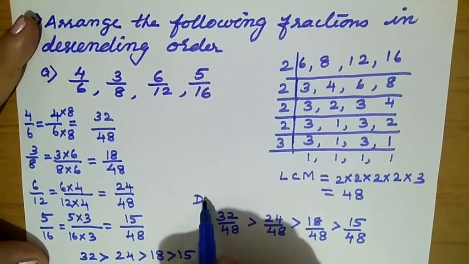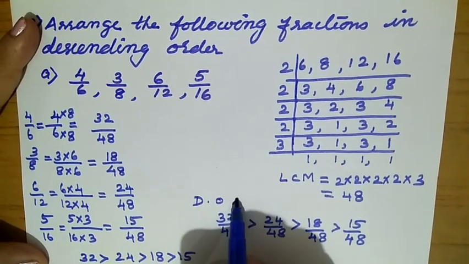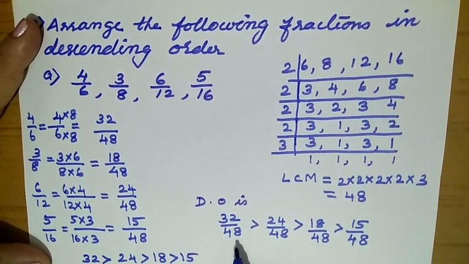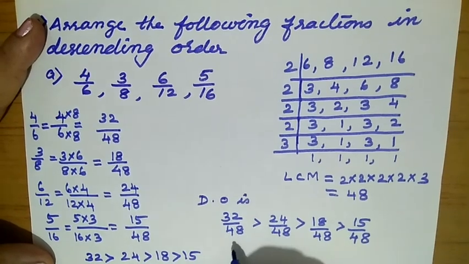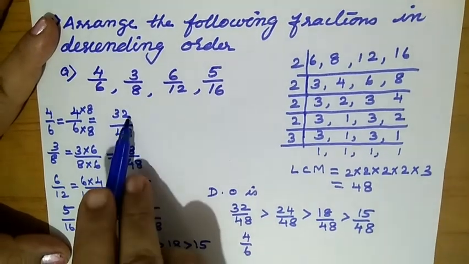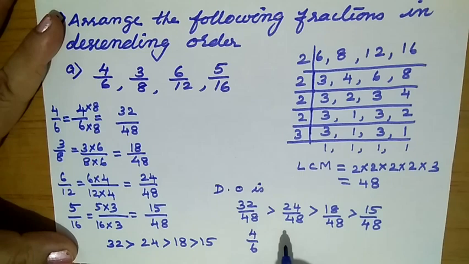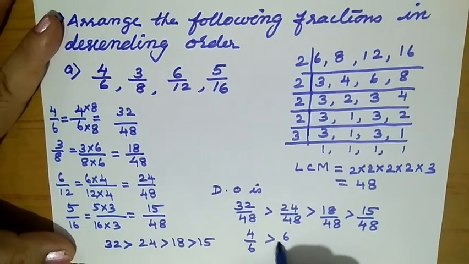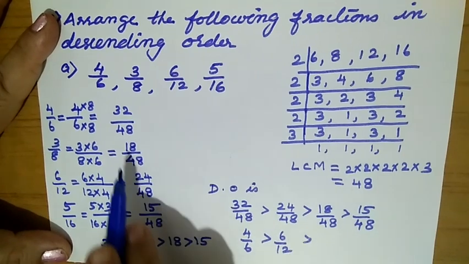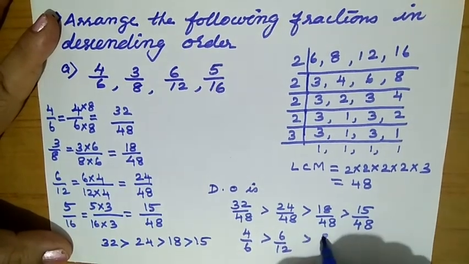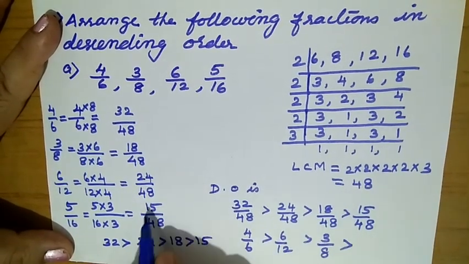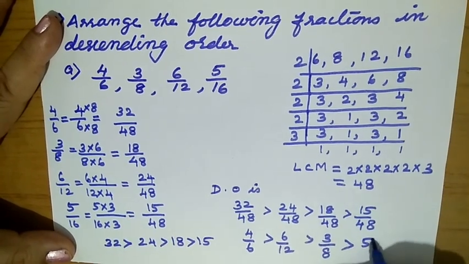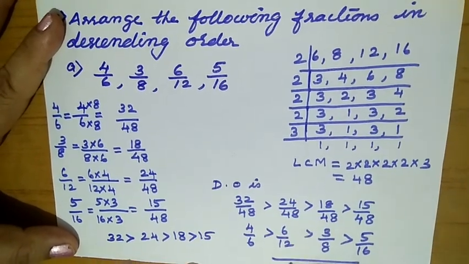This is the descending order. Therefore, the corresponding fractions we should write: 32 by 48 is 4 by 6, 24 by 48 is 6 by 12, 18 by 48 is 3 by 8, 15 by 48 is 5 by 16. So, your answer is this.